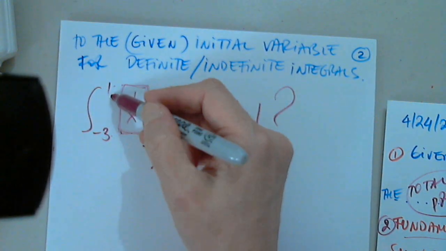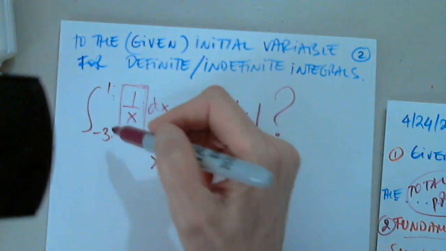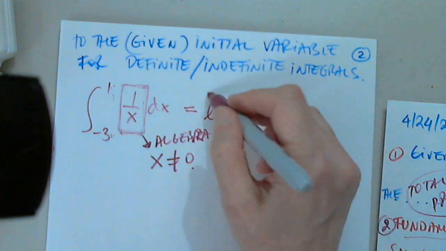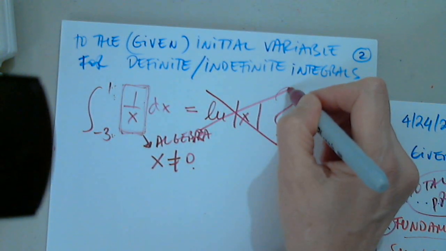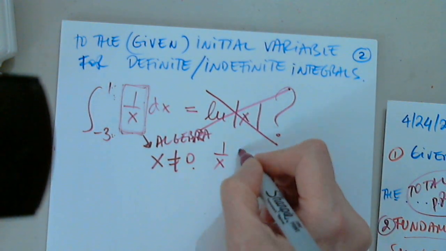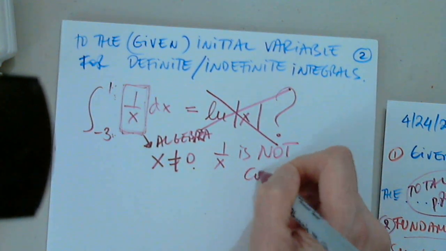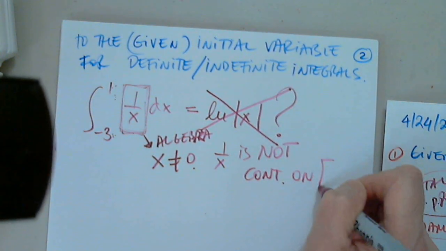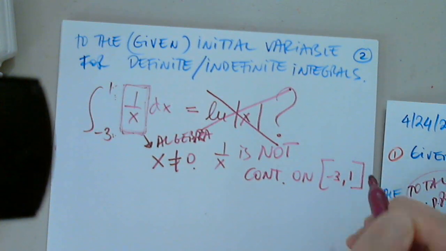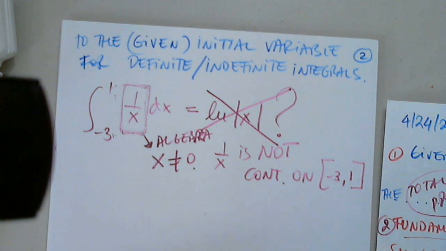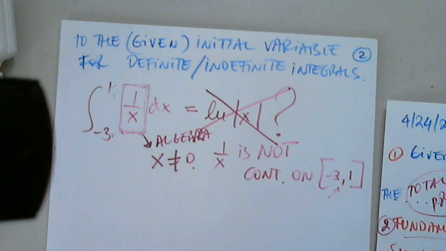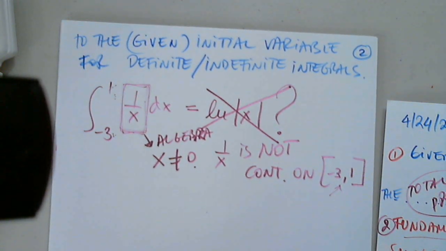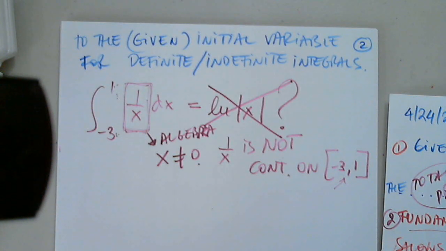Do you see that 0 is here? 0 is in the interval. So we can never write this. Why? Because 1 over x is not continuous on -3 to 1, because the function does not exist at 0. And 0 is somewhere between -3 and 1. Is this clear? This is very important.